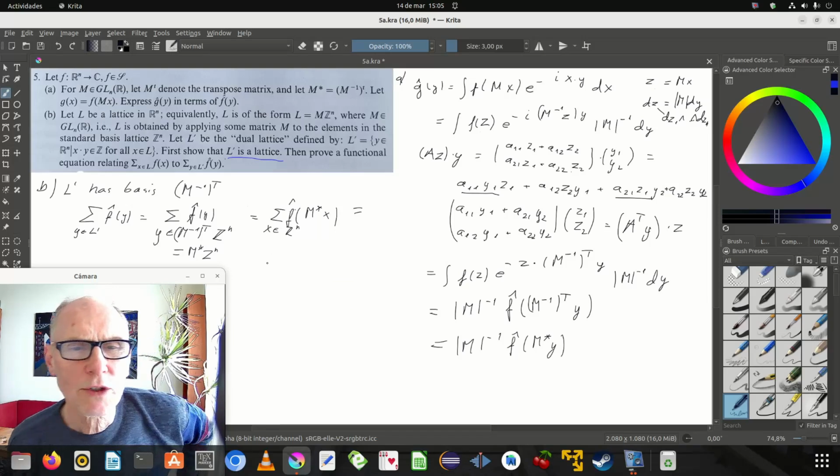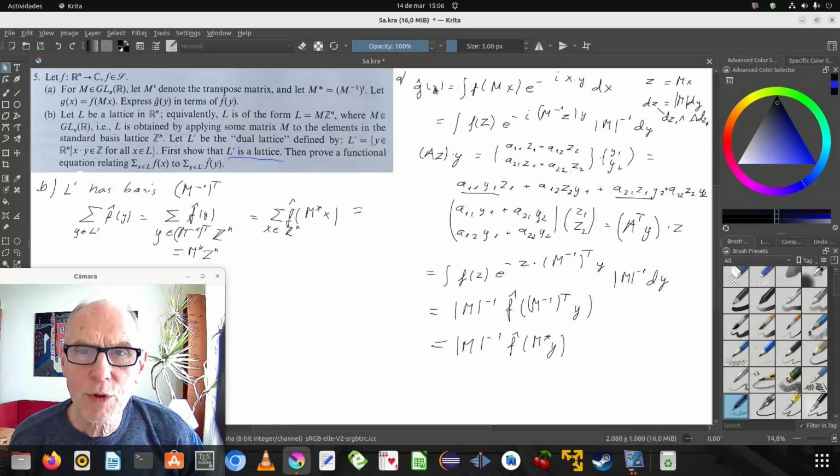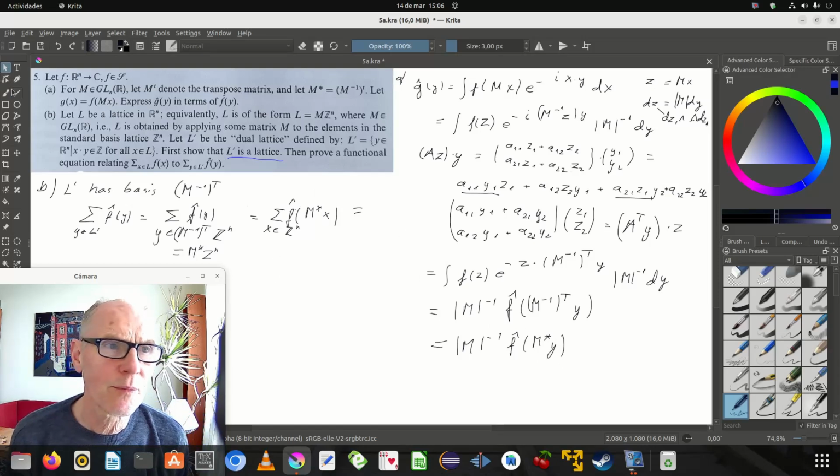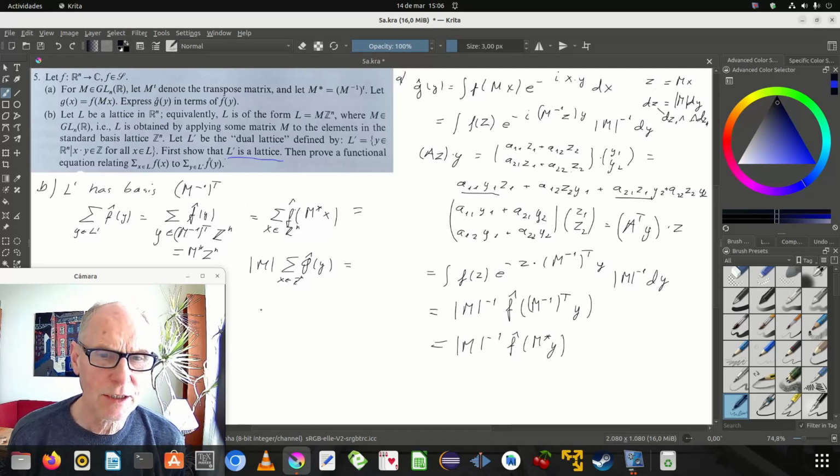So we can use Poisson's summation formula. If we can find a guy whose Fourier transform is this, and indeed we can, we just put this on the other side. So that equals the determinant of m, g hat of y, and g was defined as f of m of x.